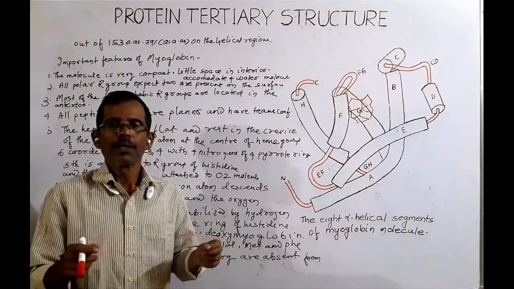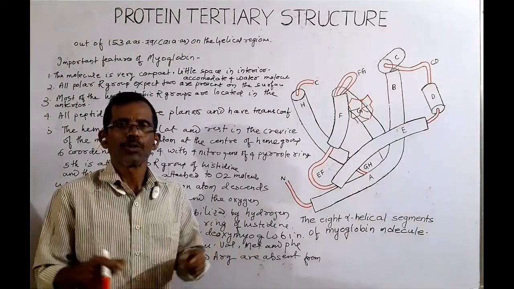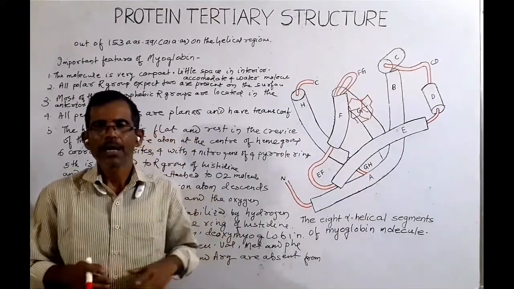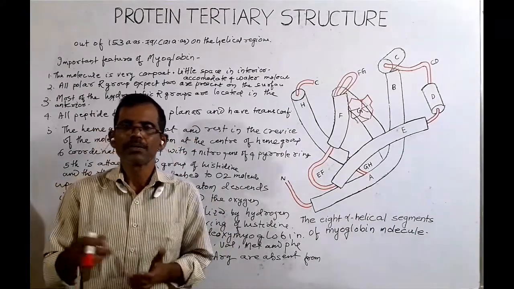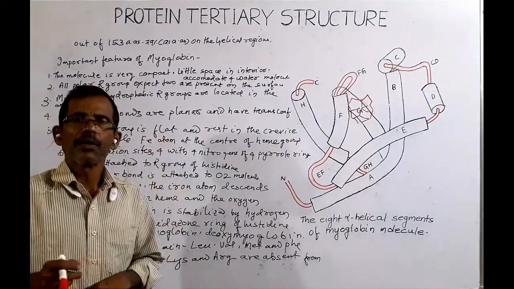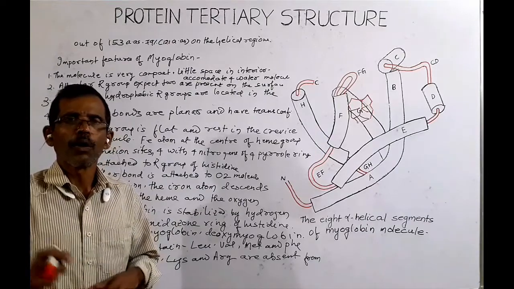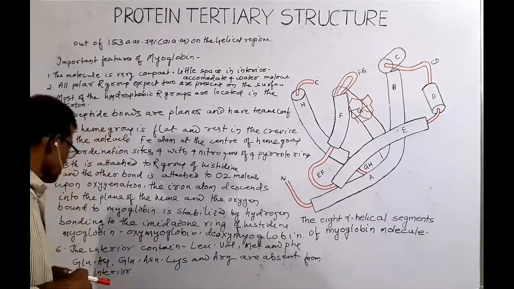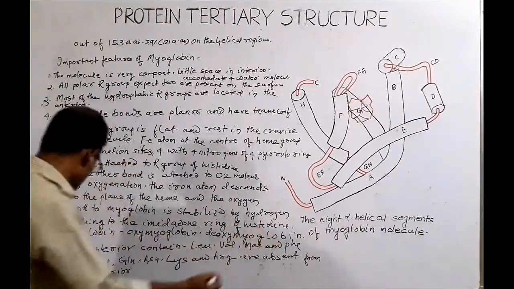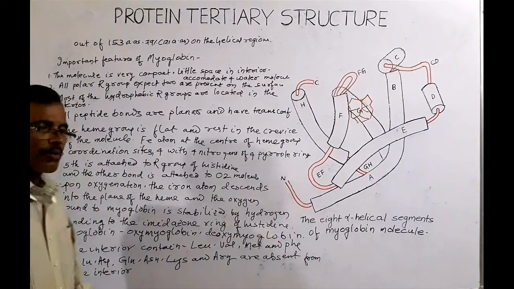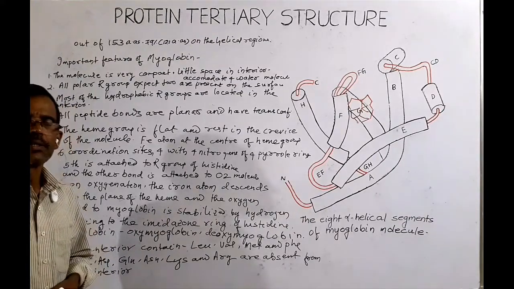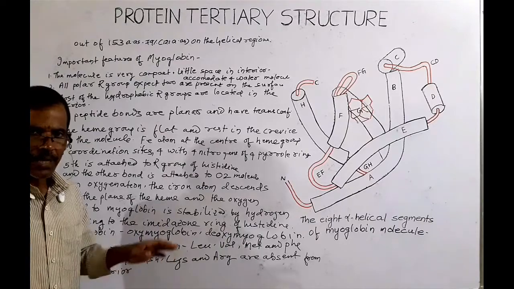The myoglobin that is associated with oxygen is known as oxymyoglobin, and the myoglobin without oxygen is known as deoxymyoglobin. The interior of myoglobin contains almost only non-polar residues like leucine, valine, methionine and phenylalanine, whereas polar amino acids are absent from the interior.